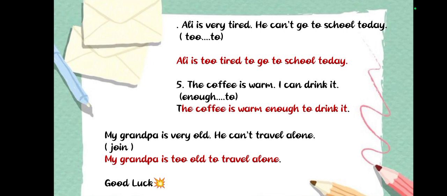It depends on your understanding. If I tell you my grandpa is very old and he can't travel, of course this is negative, and when we have negative, we use exactly too. So we're going to make it: my grandpa is too old to travel alone. We're going to use too plus adjective plus infinitive.